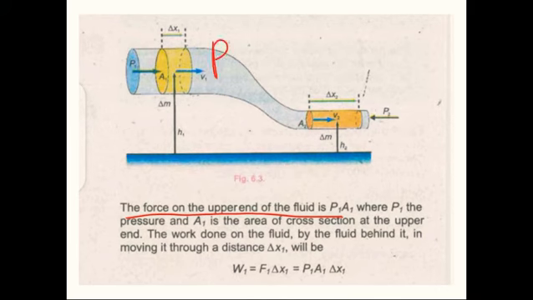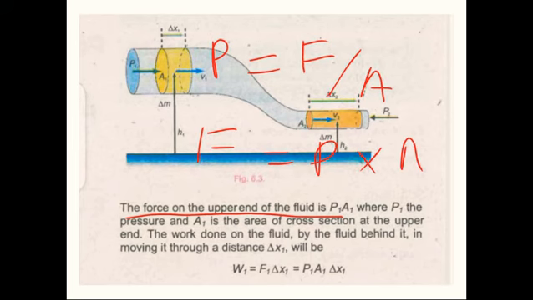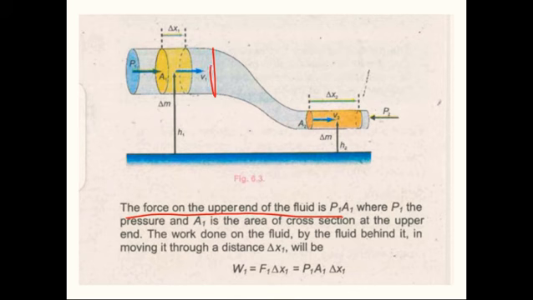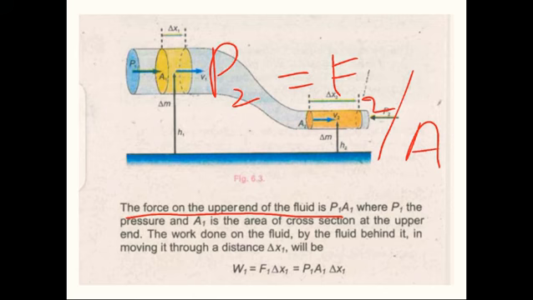As you know students, pressure is equal to force per unit area, so from this basic equation you write F equals P into A. The force on the upper end of the fluid is P1A1, while along the lower end the force is similar, but we have changed the parameters: P2 is equal to F2 over A2, force per unit area.